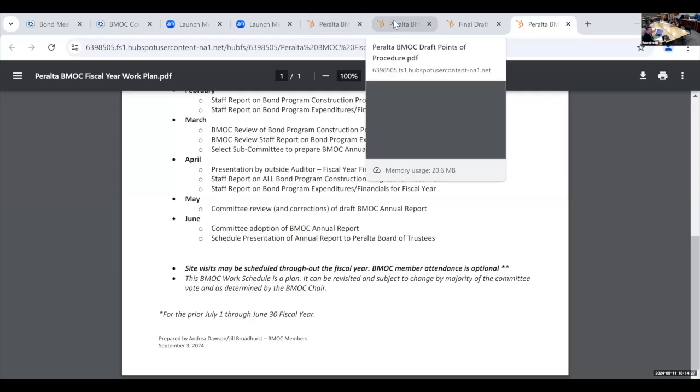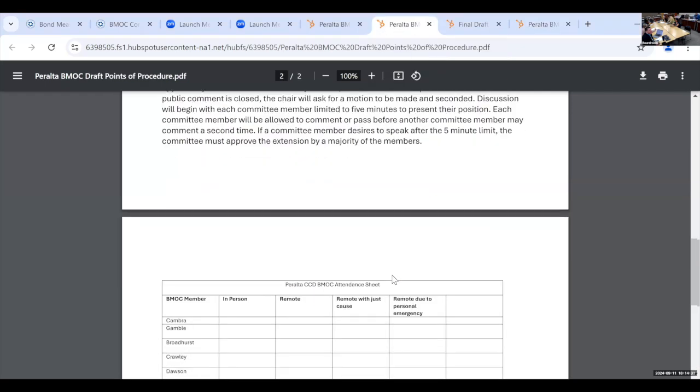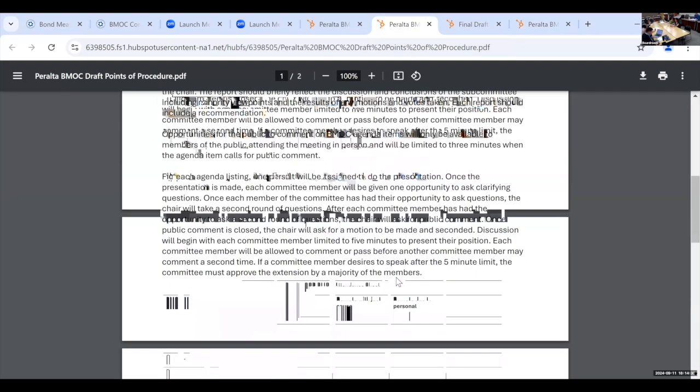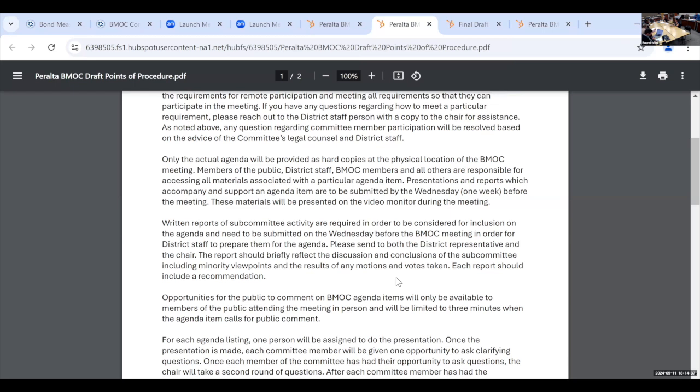All questions regarding it would be number 2. The BMOC as prepared would be item number 3. Only the actual agenda would be item number 4. Written reports of subcommittees would be item number 5. Opportunities for public comment would be number 6.